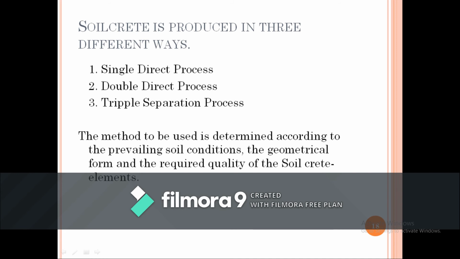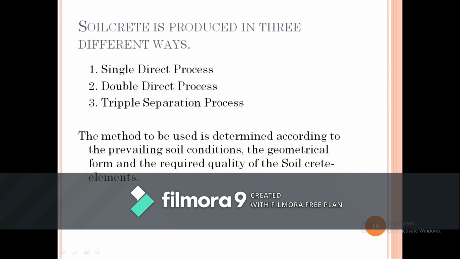The method to be used is determined according to the prevailing soil conditions, the geometrical form, and the required quality of soilcrete elements. So soilcrete always depends upon the soil. Depending upon the soil condition, we are just going to add an element so that both strengthening and sealing take place.